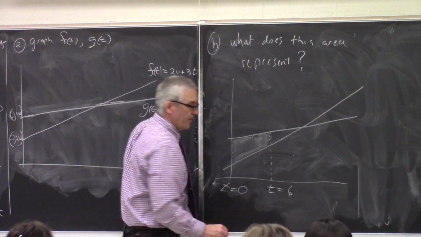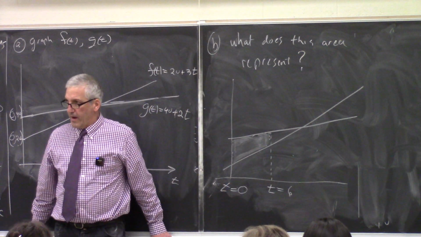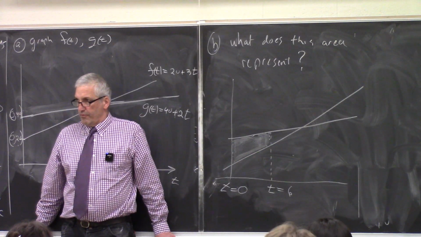The area between the graphs of Fran and George's velocity.